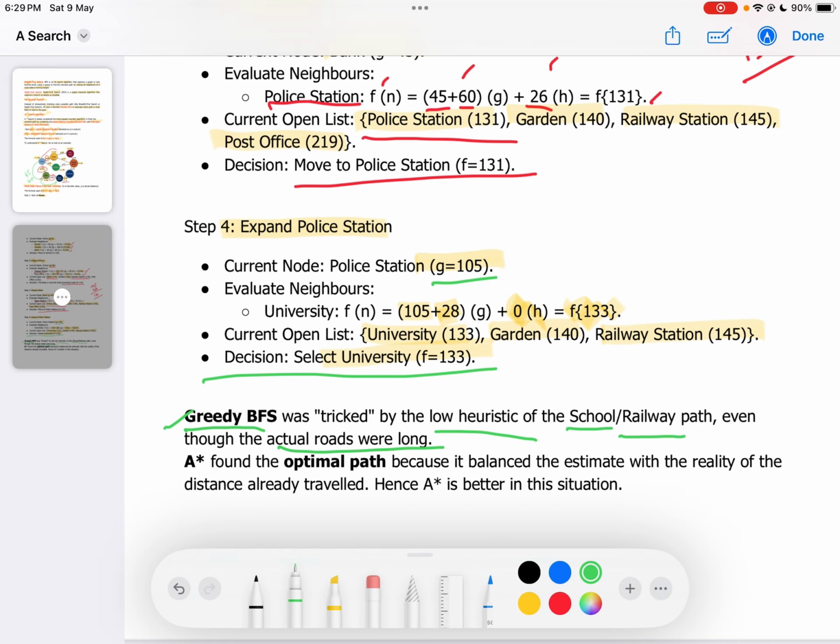But in this same example, A star found the optimal path because it used a balanced estimate with the reality. So A star search is better.